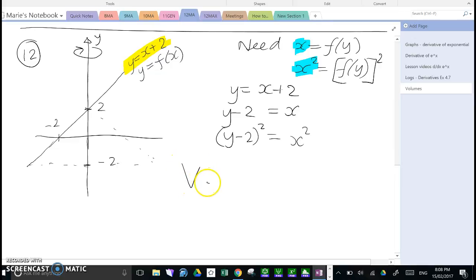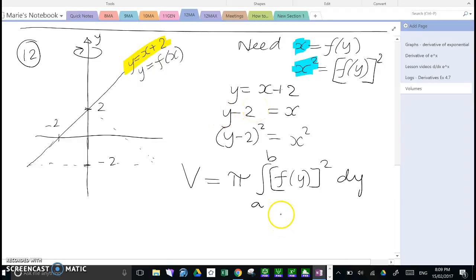Great. So I've got my expression for x squared. Why do I need that? Because my volume formula says pi outside of the integral from a up to b of f of y all squared dy. Now my f of y, what is my function of y? It's y minus 2. I need it squared, and when it's squared, it's y minus 2 squared.